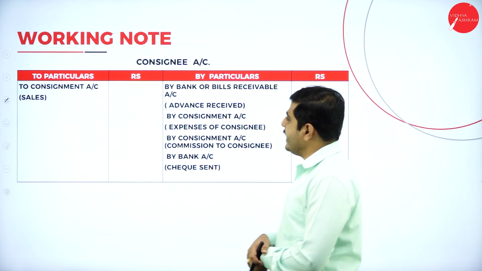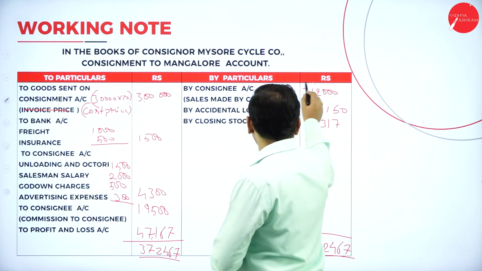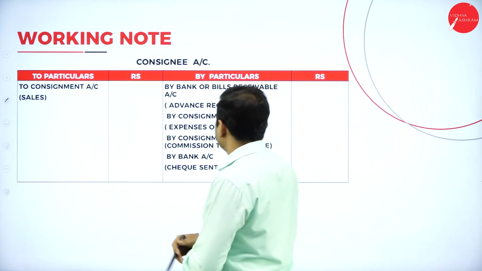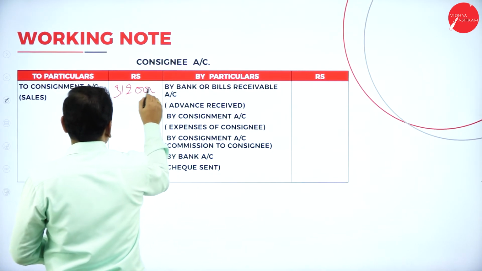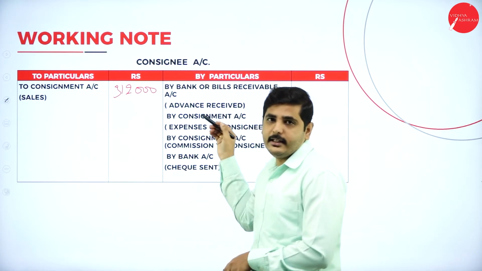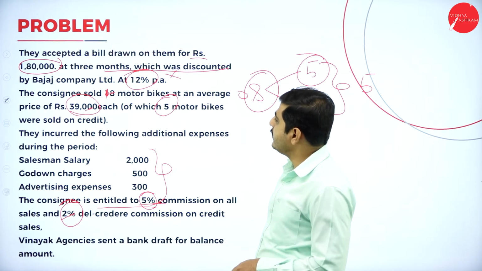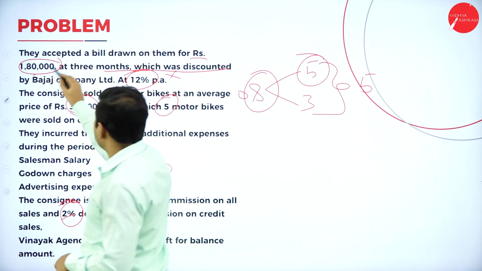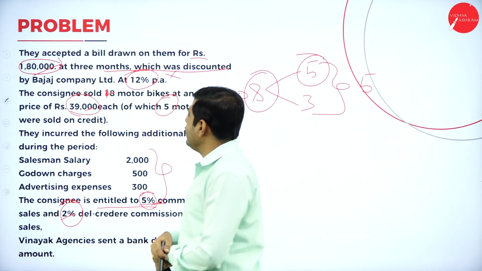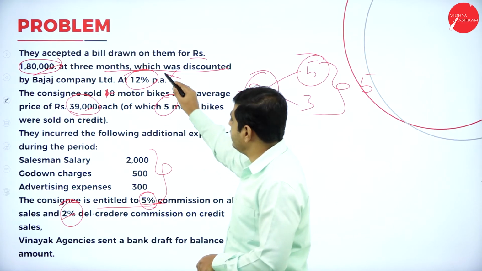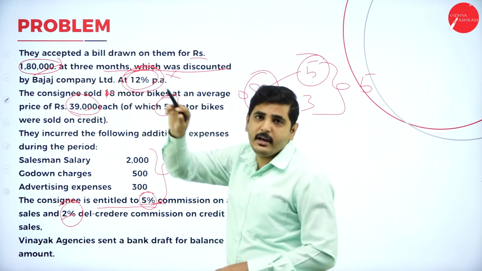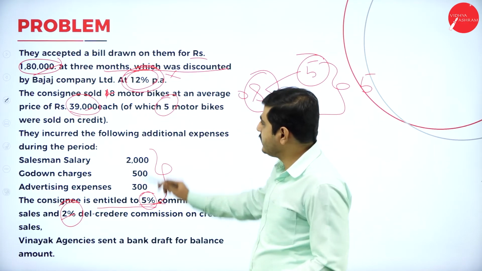What is the total sales he made? 3,12,000. Out of 3,12,000, he will deduct his deposit. What is the deposit he has made here? He has drawn the bill. BR, bills receivable, is 1,80,000. We should neglect any discount on BR, don't consider any discount on BR.